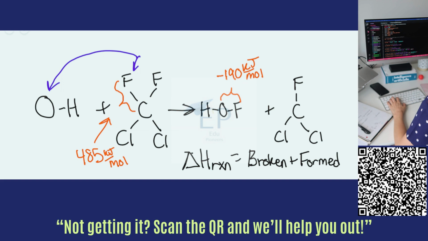So the total delta H will be 485 minus 190, which will be 285 kilojoules per mole.